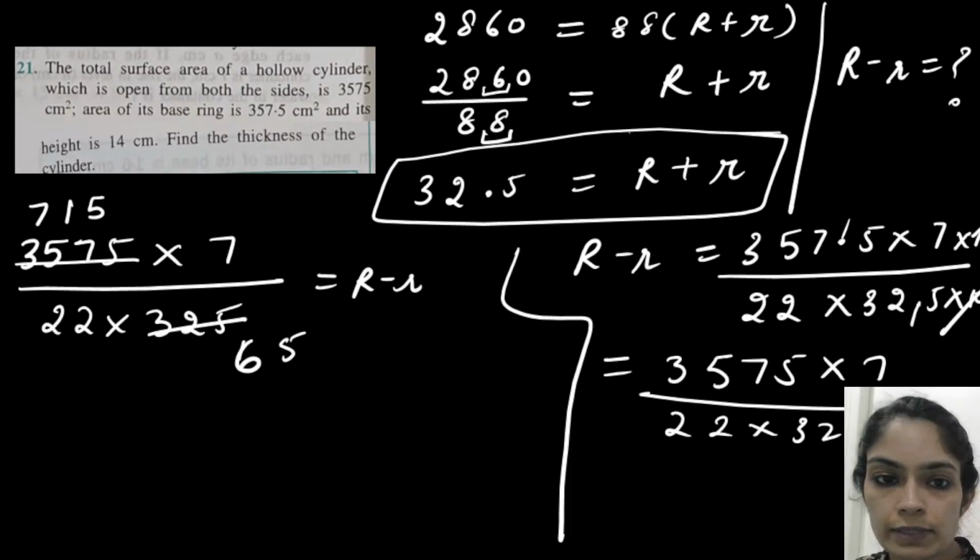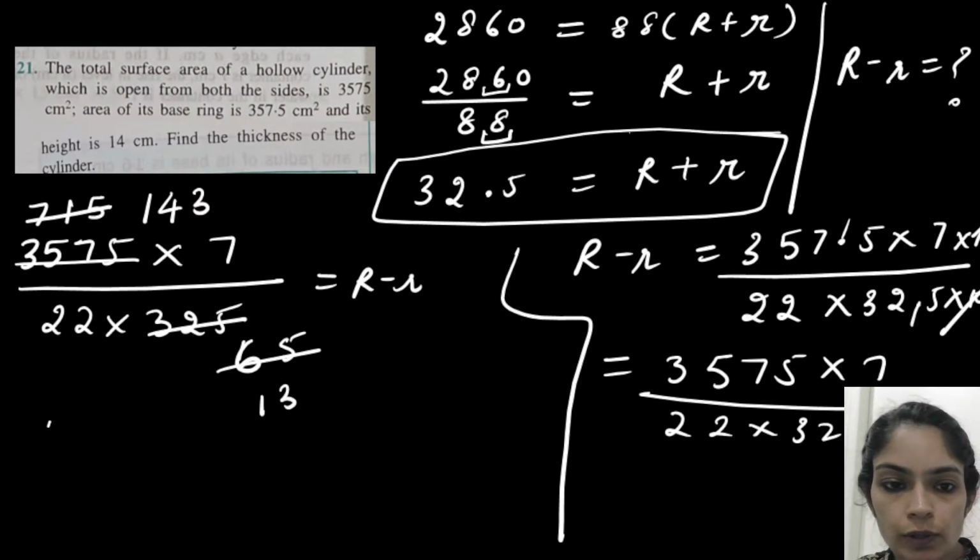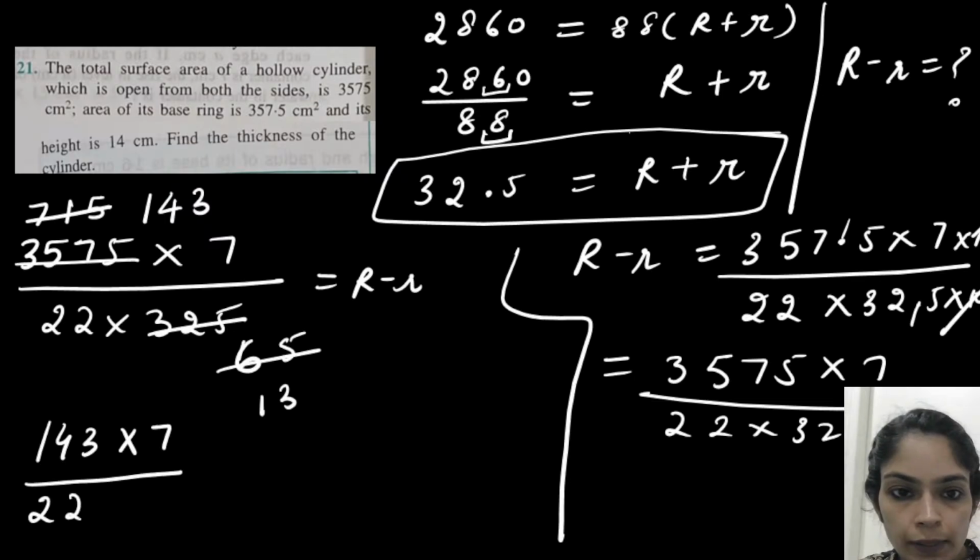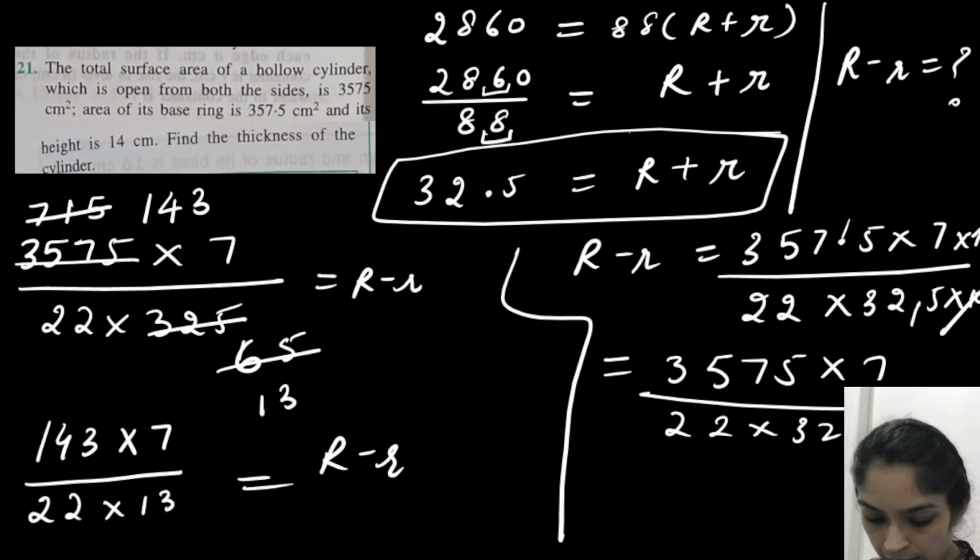Again 5's table, 5 into 4 is 20, 21, then 115, 3. This is 13. So I have got 143 into 7 by 22 into 13 is equal to R minus R.